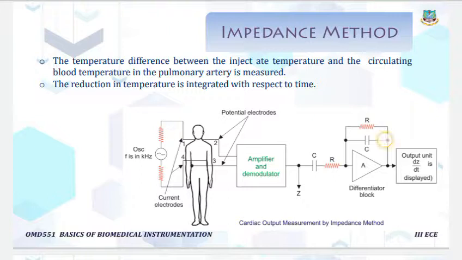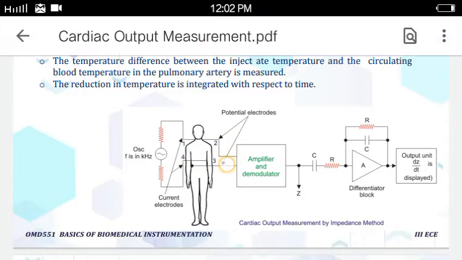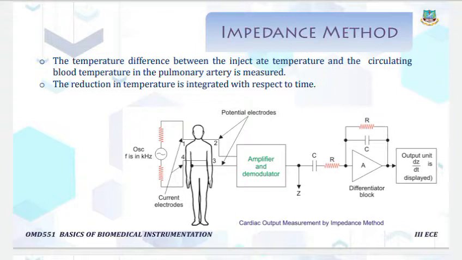The electrode pair 1 and 4 are used as the current electrodes, and 2 and 3 are used to pick up the voltage across the thorax. The resistance is given by R is equal to rho L by A. Rho is the resistivity of the patient's blood, A is the cross sectional area of the thorax, and L is the separation length between the potential electrodes 2 and 3.